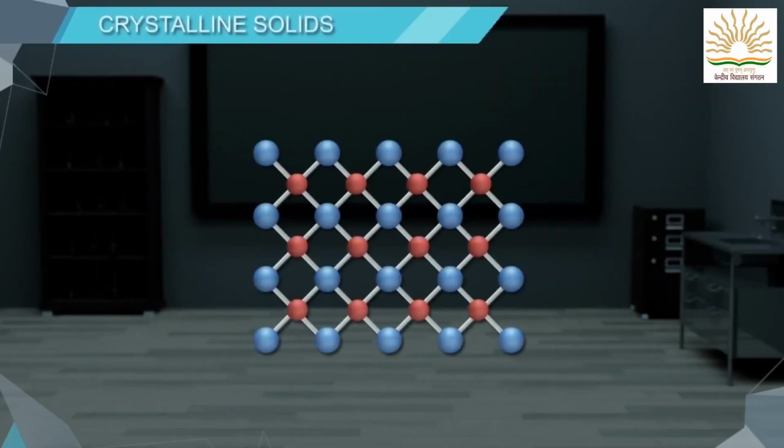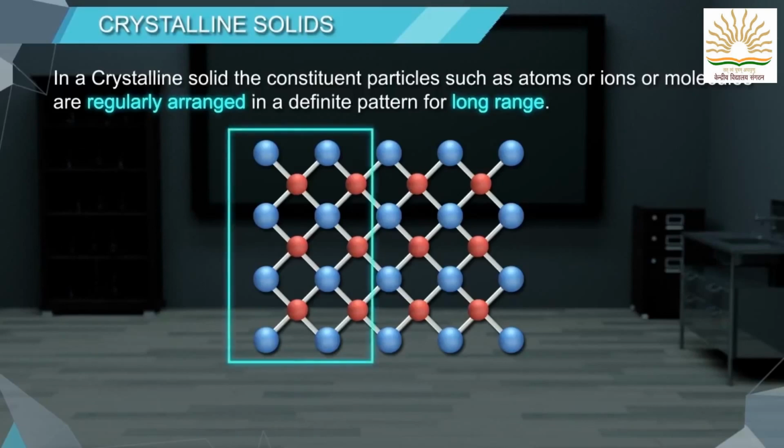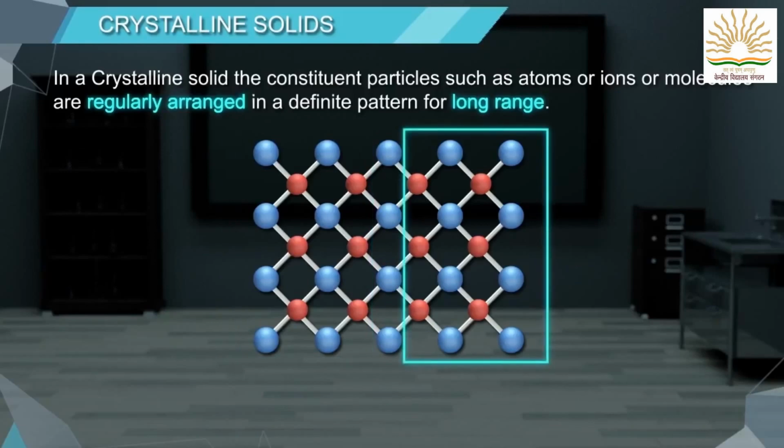Crystalline solids. In a crystalline solid, the constituent particles such as atoms or ions or molecules are regularly arranged in a definite pattern for a long range. Here, the arrangement is so regular that by just knowing the arrangement of any one site, we can very well predict the arrangement of the other site.